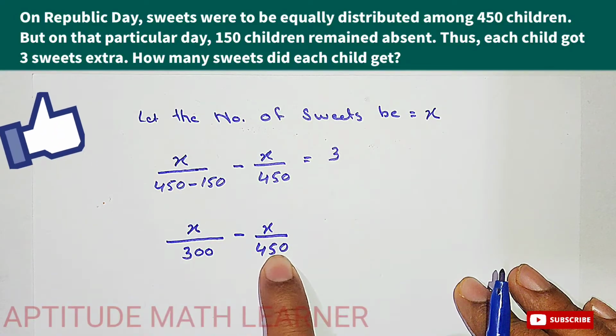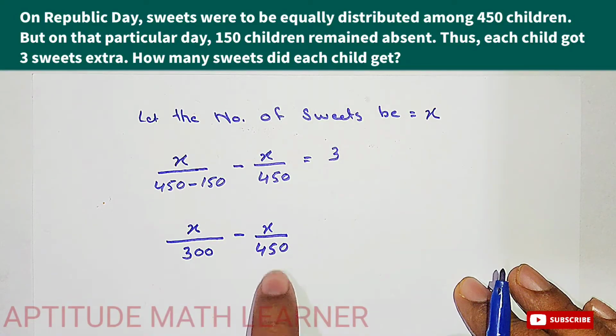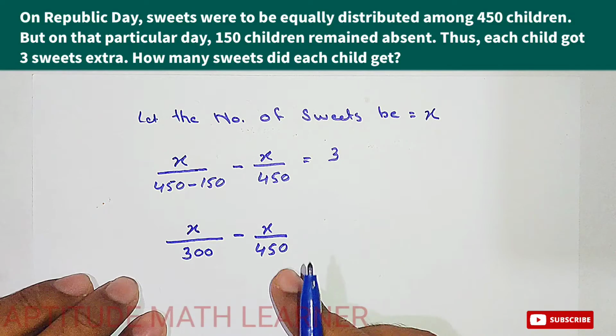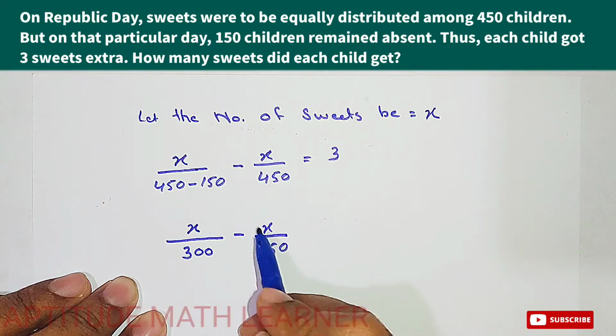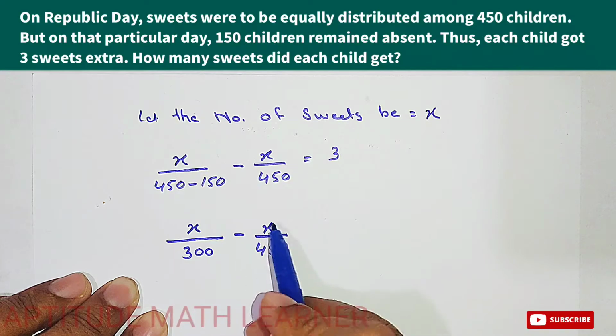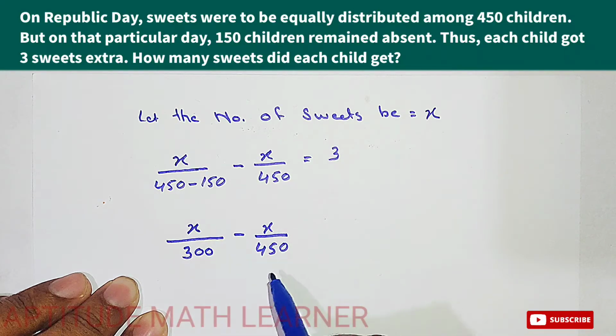This was the starting position of the children and the number of sweets to be distributed. So which is greater among these, and why do we have the minus x divided by 450?